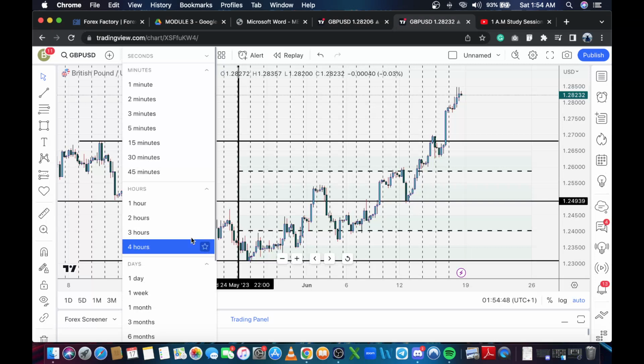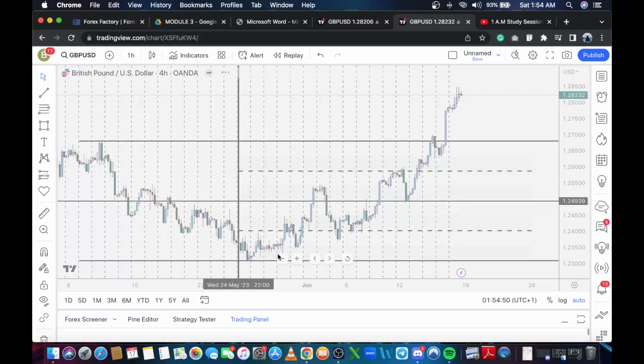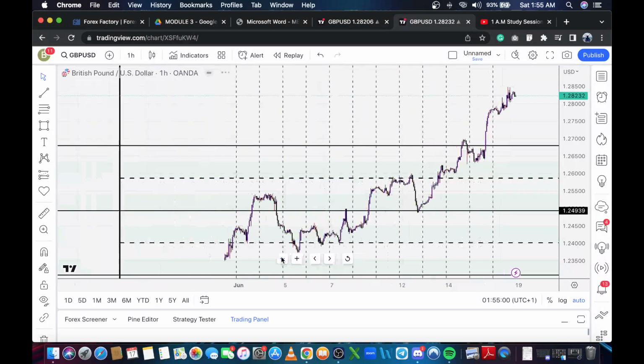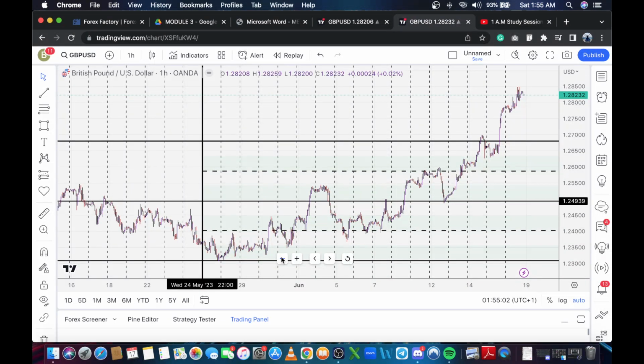Obviously, you're looking for price to align with those same times, which is London session, New York session, and London close for your trading opportunities. And you're looking at that to align with your time of the week and your daily order flow direction. That's what you're looking for.